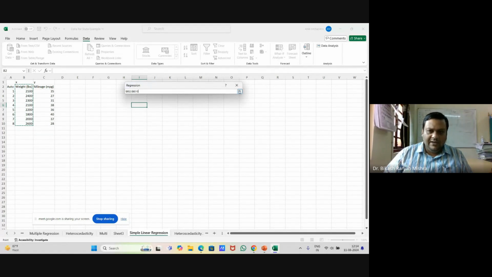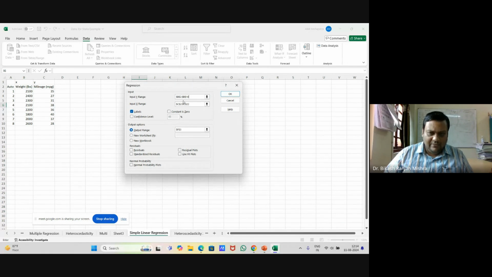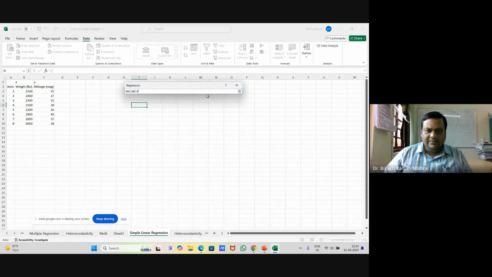Let me tell once more. In the Y range, you have to press this button, then from weight put the cursor to the weight and then drag up to the 2600, because that is the last digit in that series, because we do not have any further series.